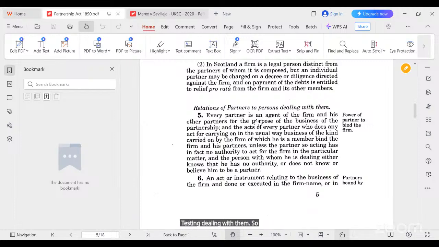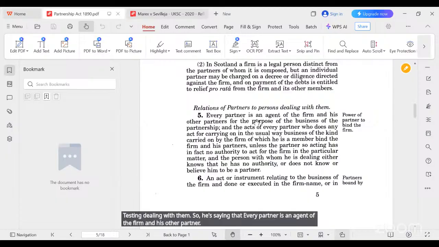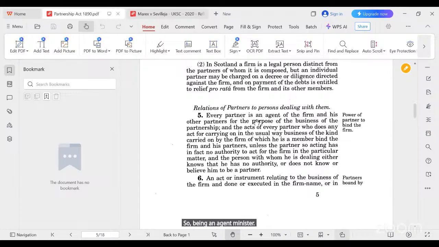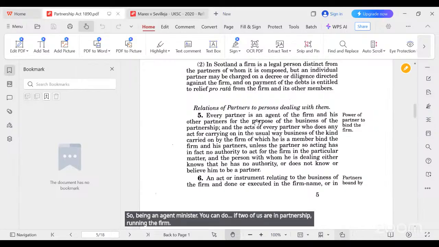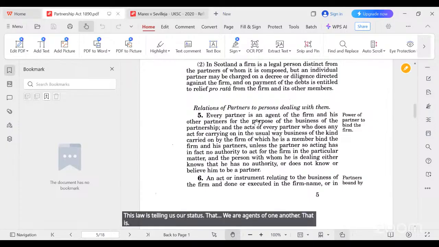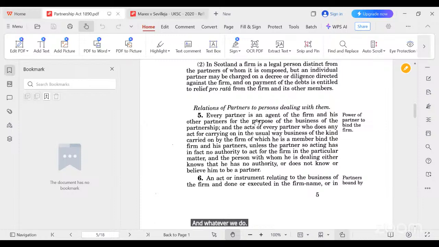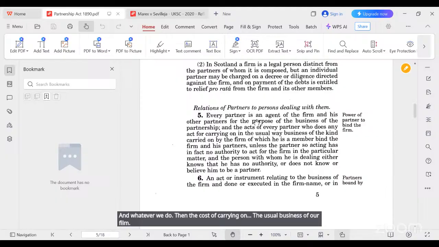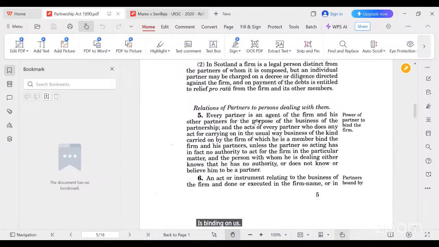So it's saying that every partner is an agent of the firm and his other partners. Being an agent means that if two of us are in partnership running a firm, this law is telling us our status, that we are agents of one another. I can act for the firm, you can act for the firm, and whatever we do in the course of carrying on the usual business of our firm is binding on us and on our business.